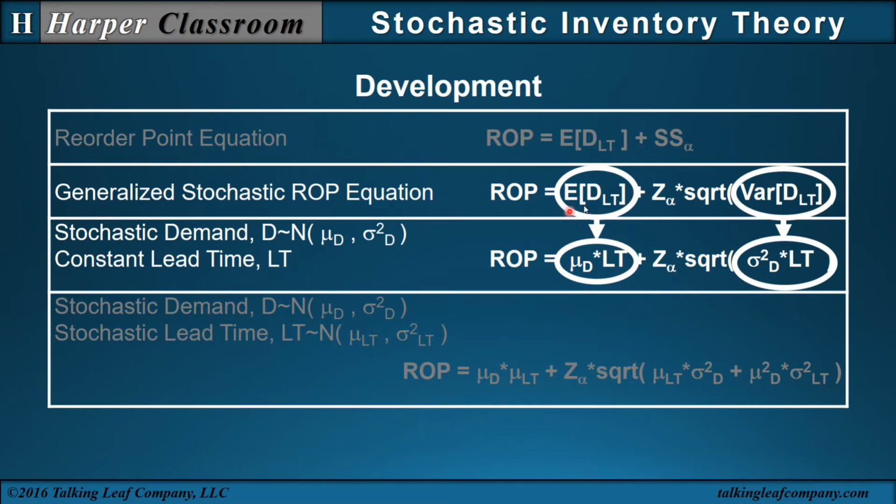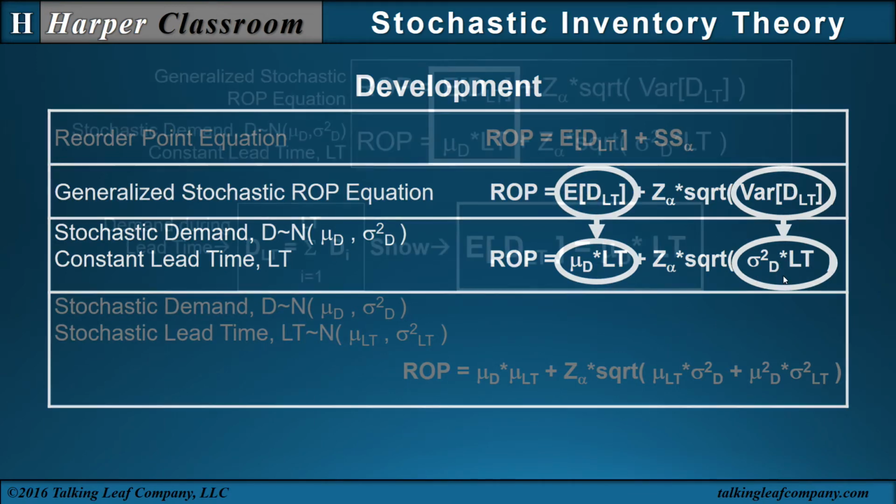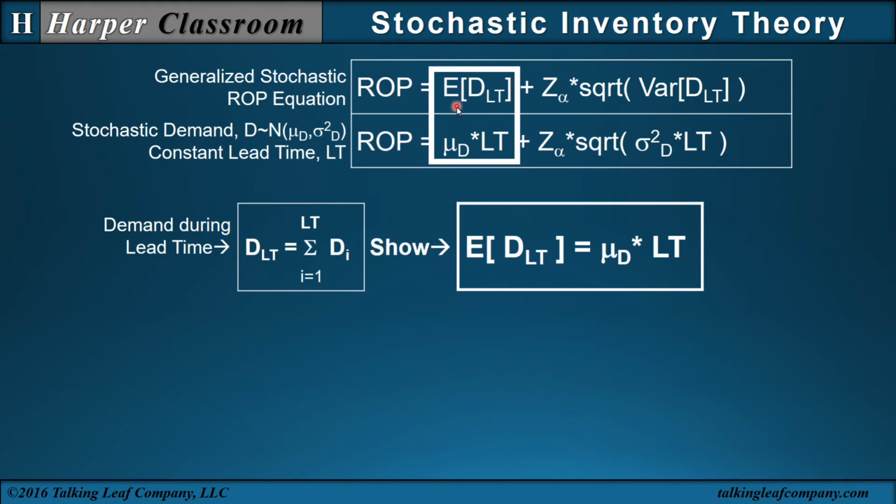Essentially, I'll show that the expectation of the demand during lead time is that expression, and the variance is that expression. Let's start with the mean, the expectation of the demand. Well, the demand during lead time is the sum of the demand, i equals 1 to the lead time. I want to show that the expectation of that demand during lead time is mu of d times LT.